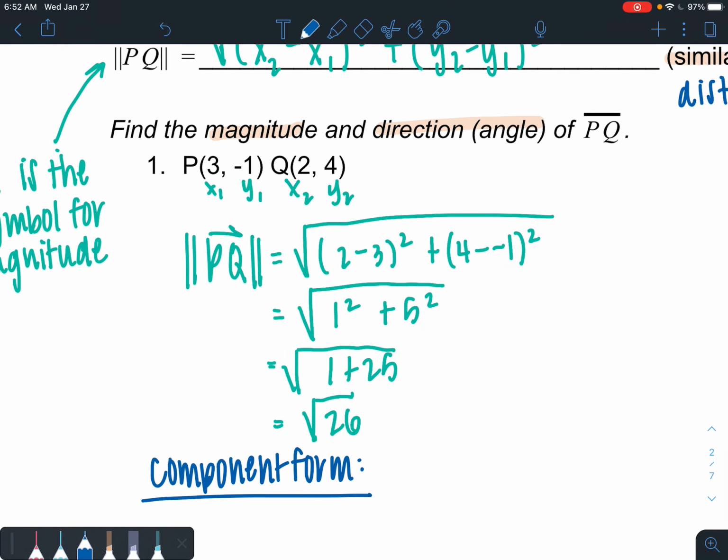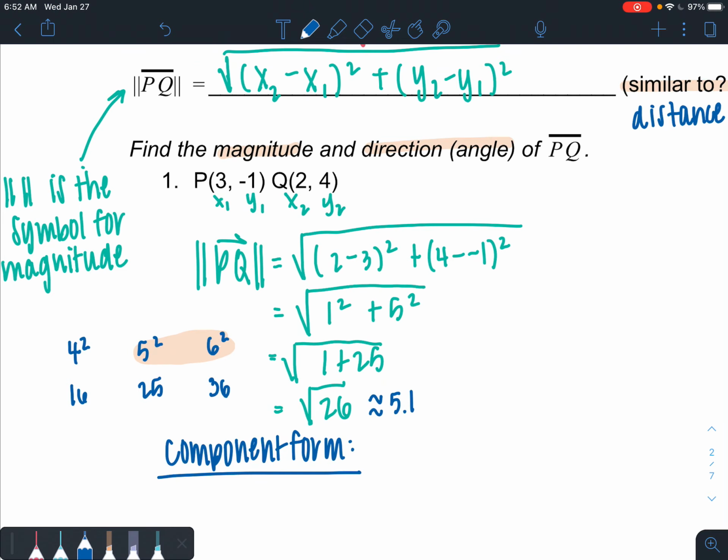Now, when I think about this problem, I know that 4 squared is 16 and 5 squared is 25, and then 6 squared is 36. So I know that somewhere between 5 and 6 is going to be where the square root of 26 is. So it ends up being about 5.1. And that is units.